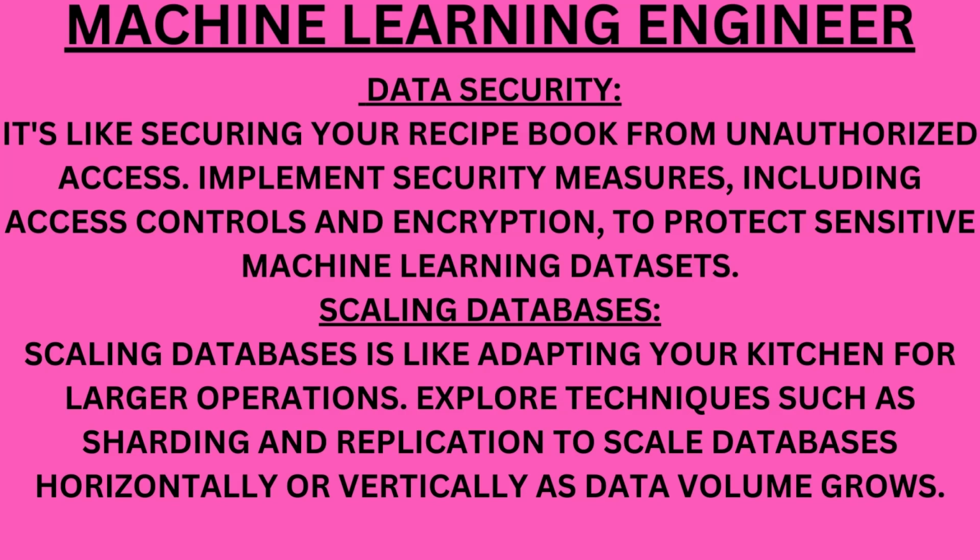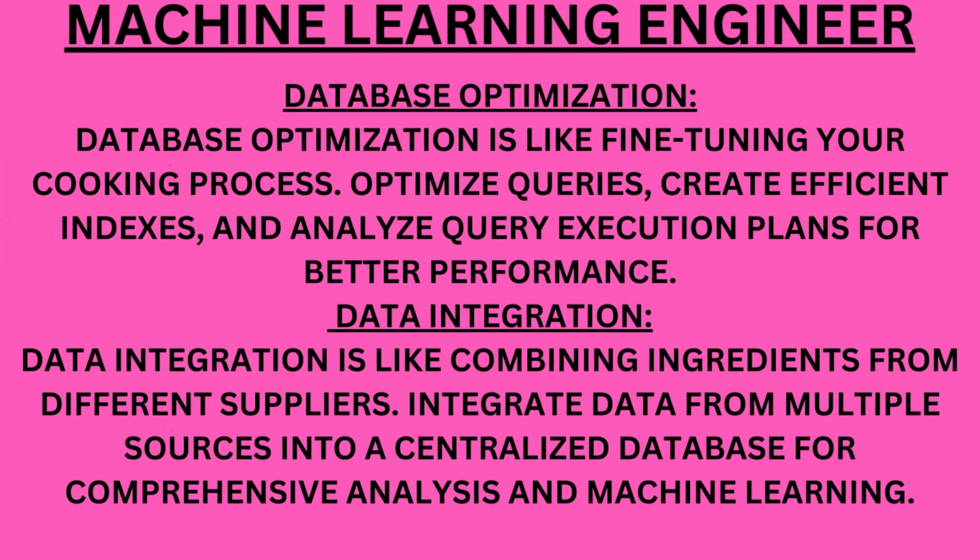Explore techniques such as sharding and replication to scale databases horizontally or vertically as data volume grows. Database optimization. Database optimization is like fine-tuning your cooking process. Optimize queries, create efficient indexes, and analyze query execution plans for better performance.